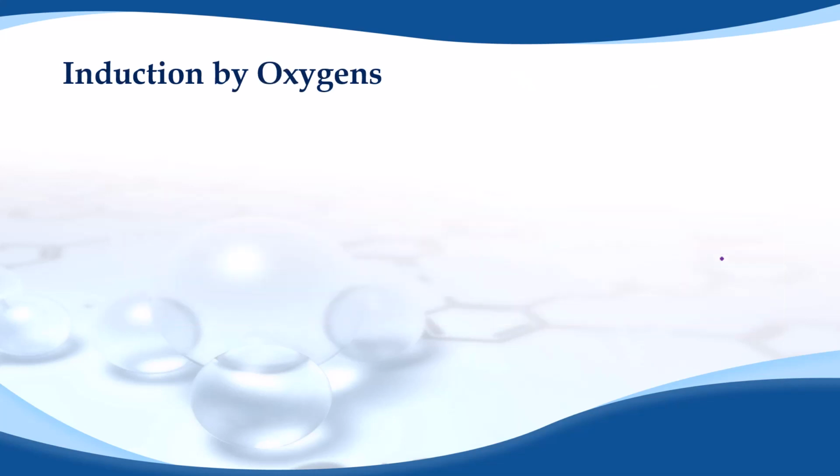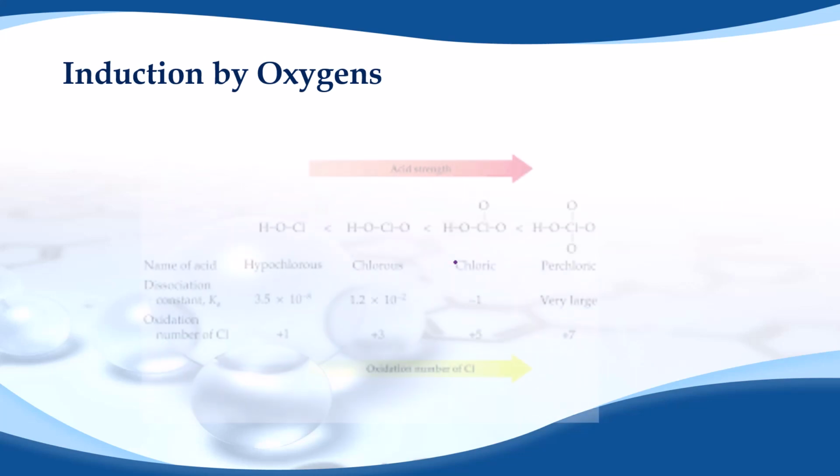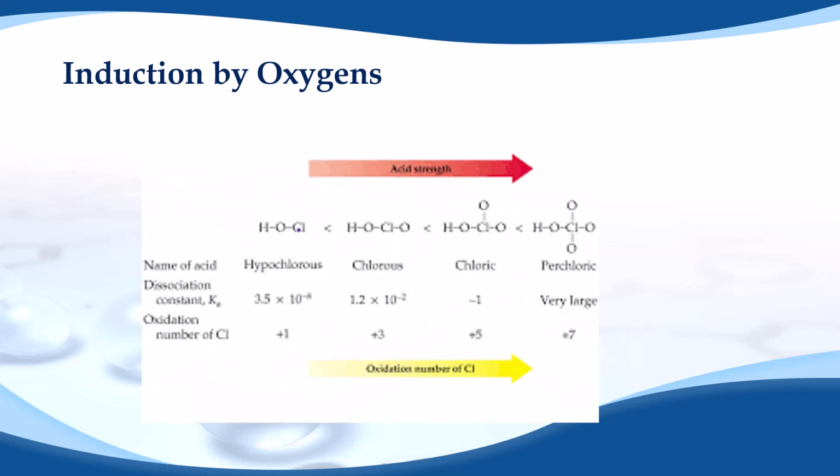Now, oxygens can also cause an inductive effect. Perchloric acid is a very strong acid, with four oxygens attached to this chlorine. All of this highly electronegative stuff makes this bond very polar, very easy to break.